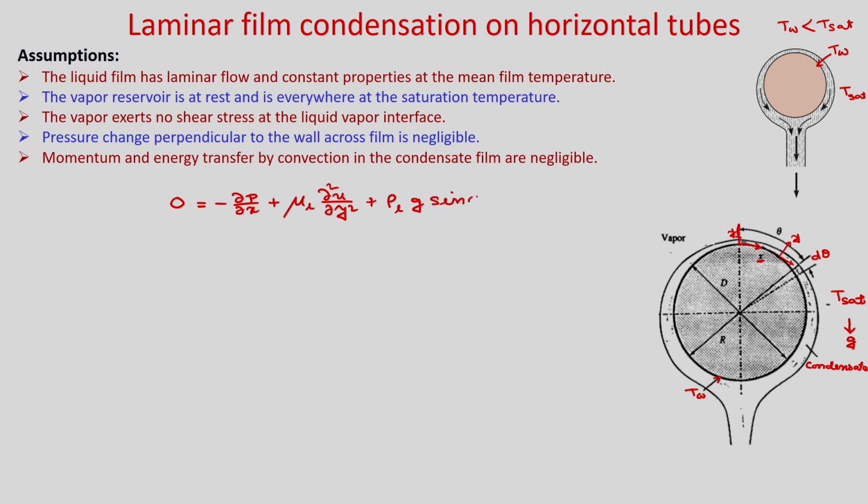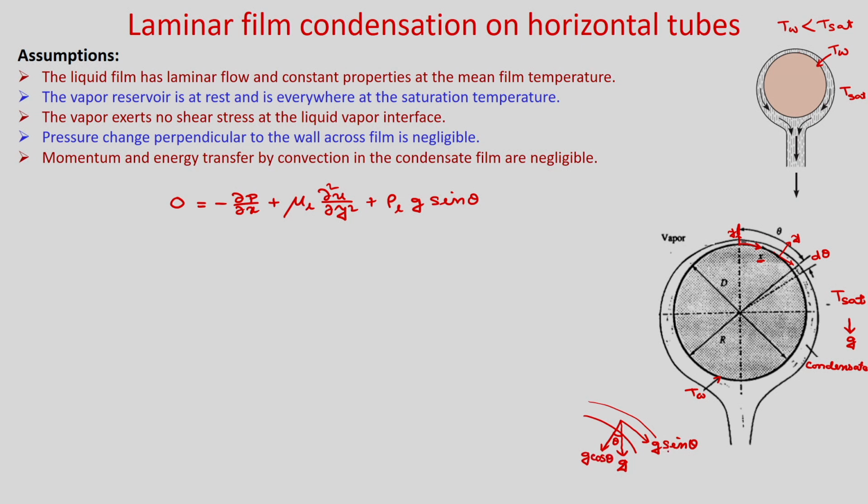If you consider the film here, this is your x direction gravity, this is your y direction gravity, and this is your g acting. So this will be g sin theta, because this is your theta, and this will be your g cos theta.